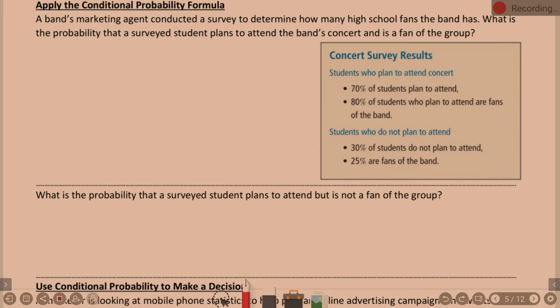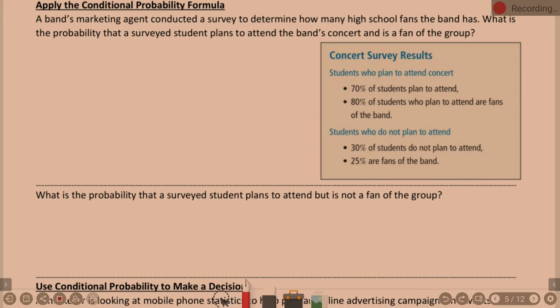Okay. Here's what, notice the heading up here was using our conditional probability formula, right? And that's the probability of B given A is that fraction, probability of B and A over probability of A, right? We're going to use that idea. That formula we've been using since the first moment we started this lesson.